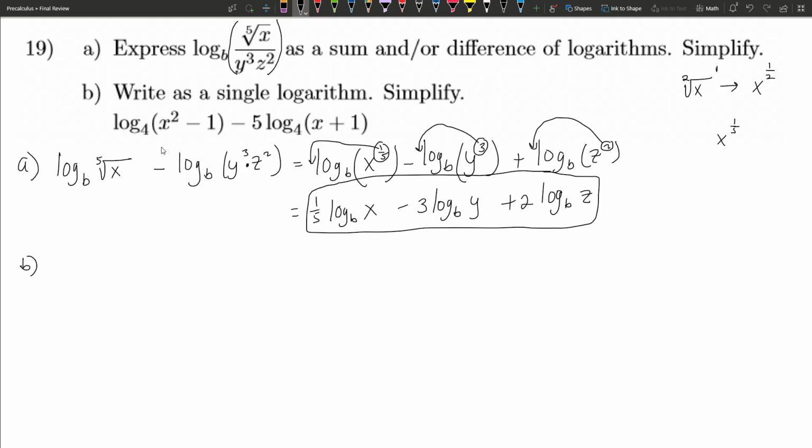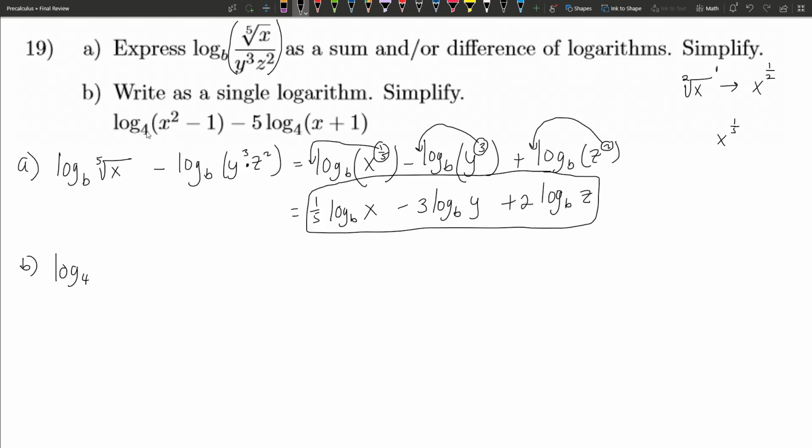Let's do b. Now b is going in the opposite way. They give you the whole thing. They want you to put it back into something like this. So let's change that subtraction into, actually let's put this 5 right back as an exponent here. And then let's change the subtraction back into a fraction. All right, so let's do the exponent first.